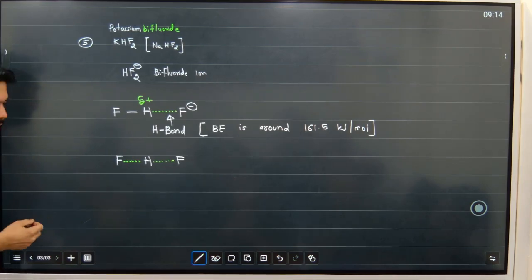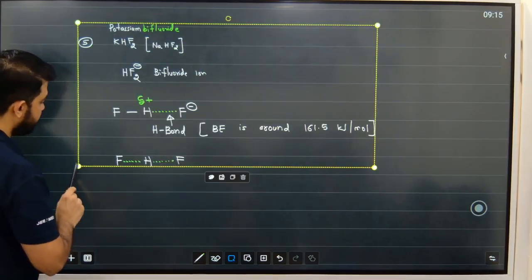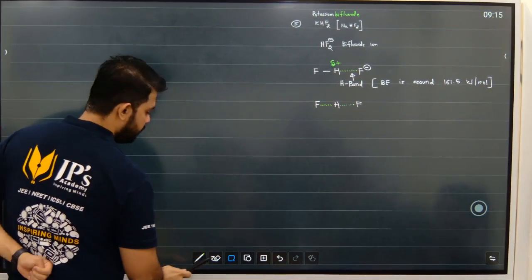So this is a very important exception. And the second thing is, you only have the bifluoride ion, HF₂⁻. Such ions are not possible for the others.